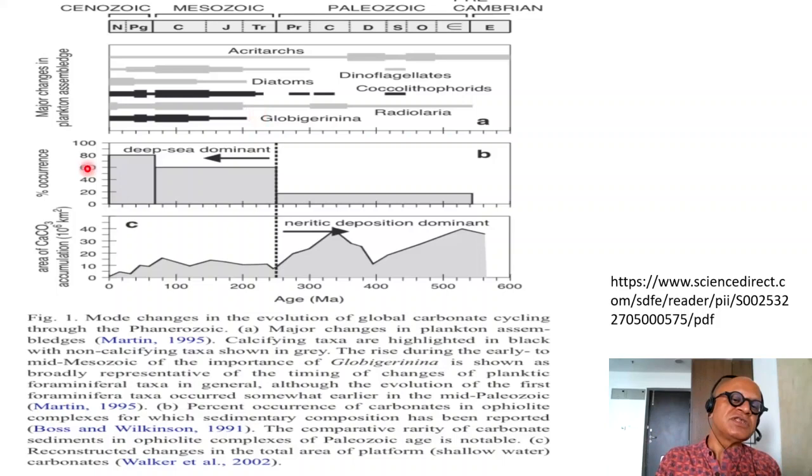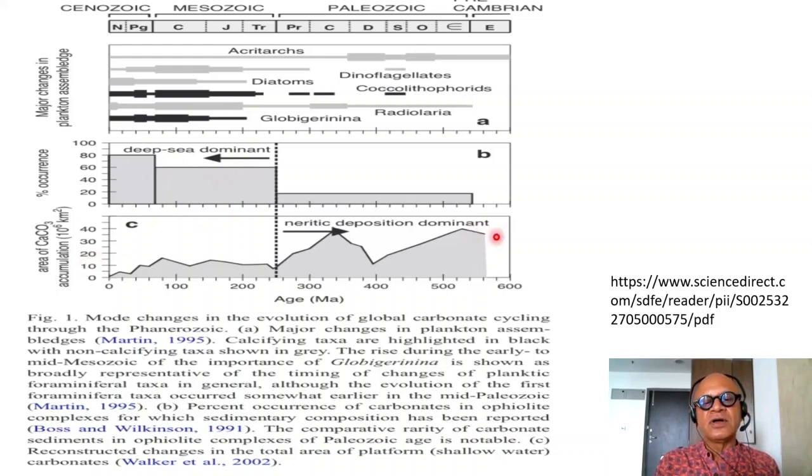Okay, so this is the percentage occurrence of the species. You can see that there was a jump during the Mesozoic of the calcium carbonate forming species, and there was another jump here, which is argued to affect the area of calcium carbonate accumulation.